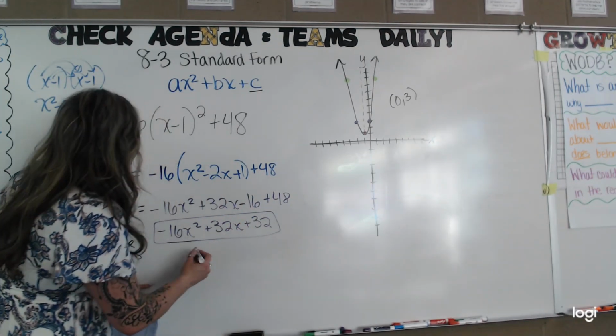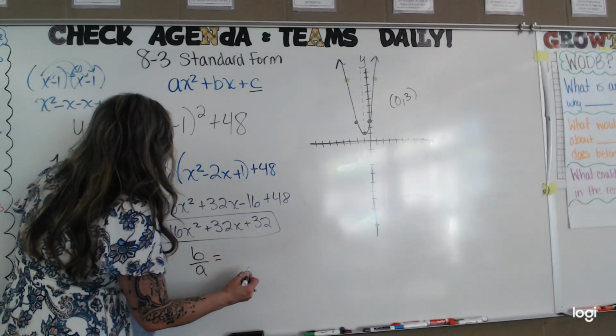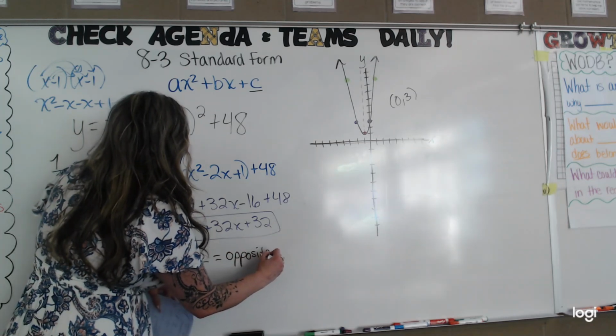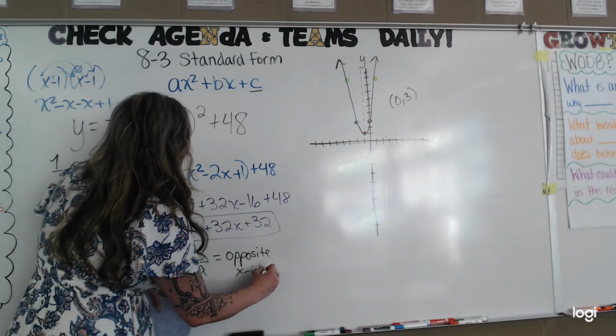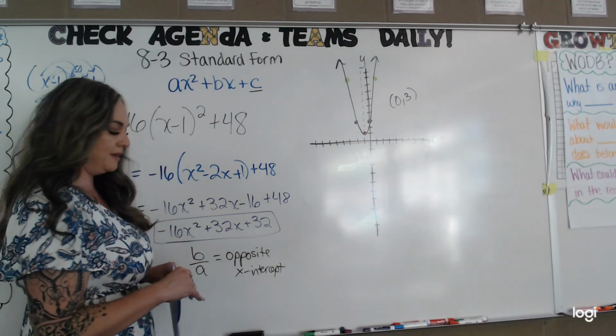Remember in the first video that the ratio of b to a was equivalent to the opposite of one of the x-intercepts, okay?